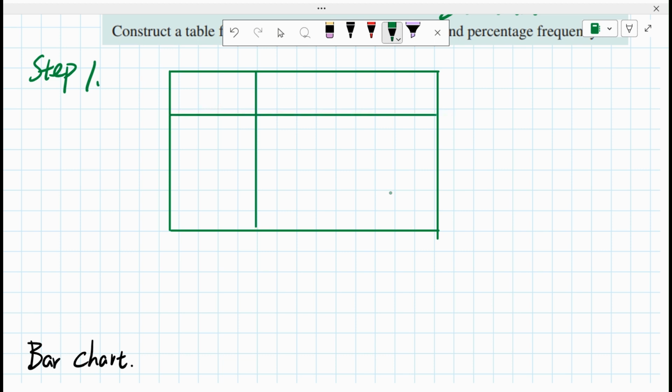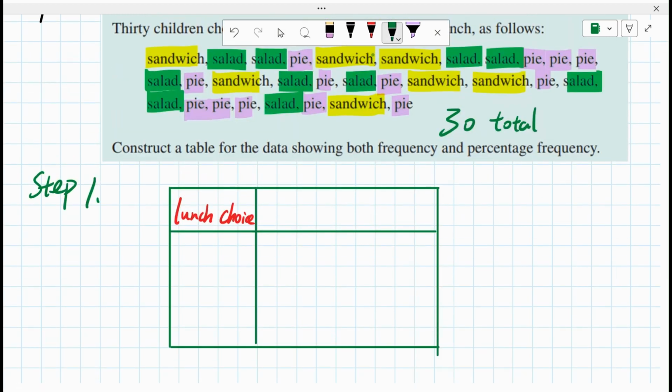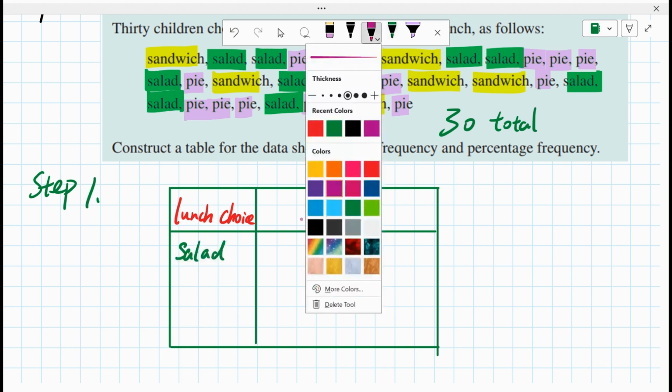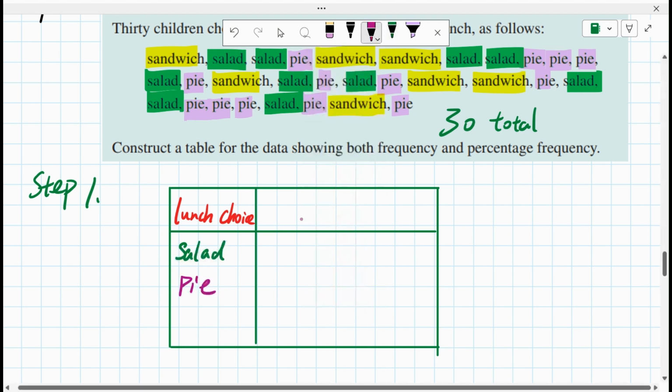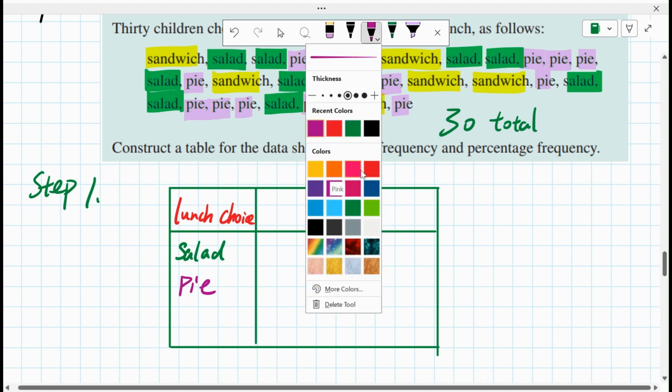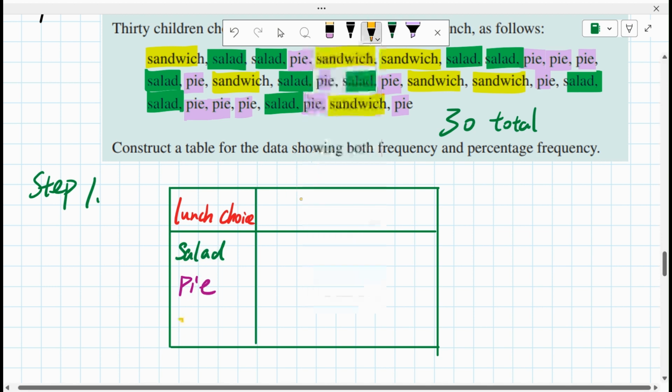Okay. So lunch choice. And then we have three different choices: salad, pie, and sandwich.